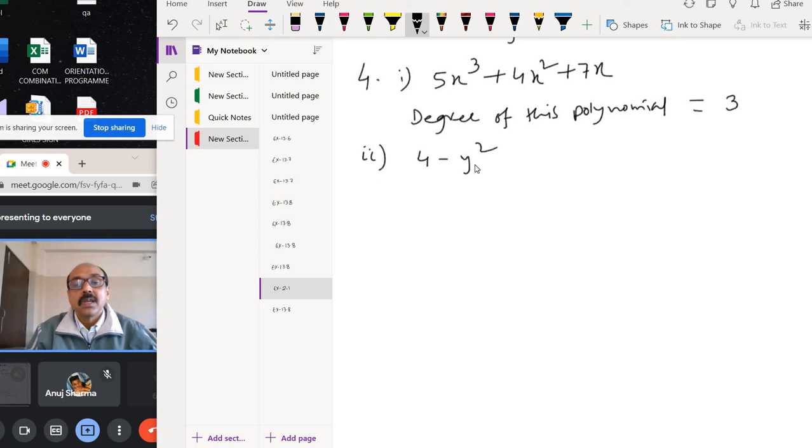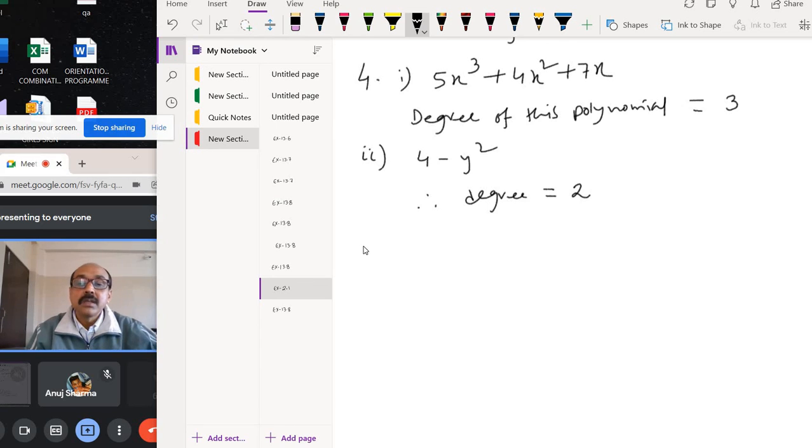Y is the variable and the power is 2. So the maximum power is 2, so that is the degree. Therefore the degree of this polynomial equals 2. Maximum power is 2. Okay.